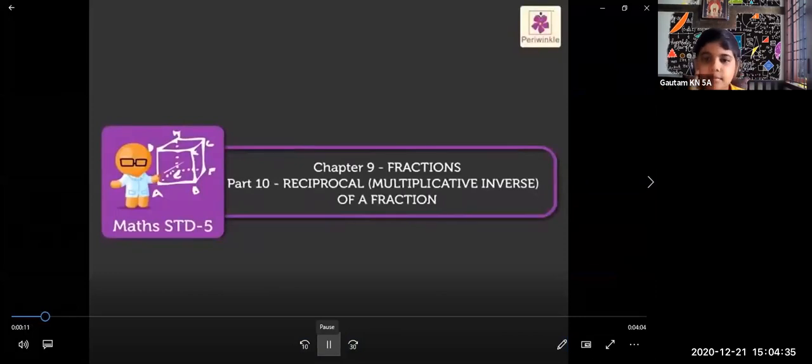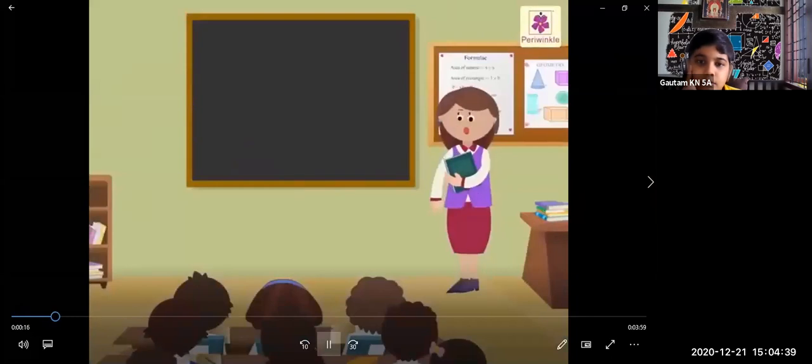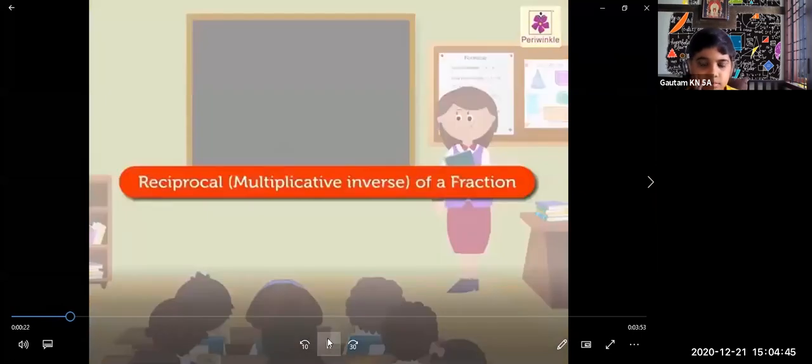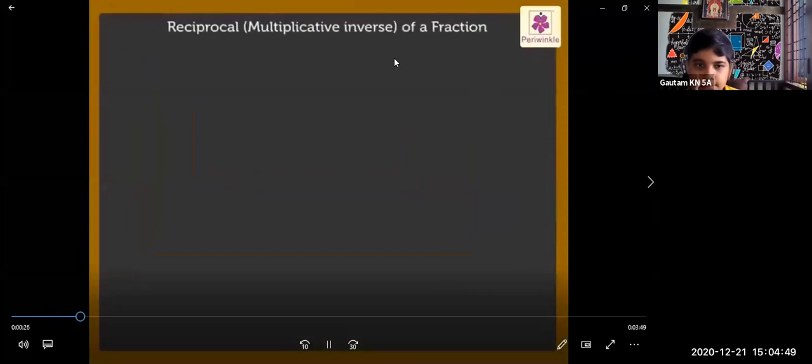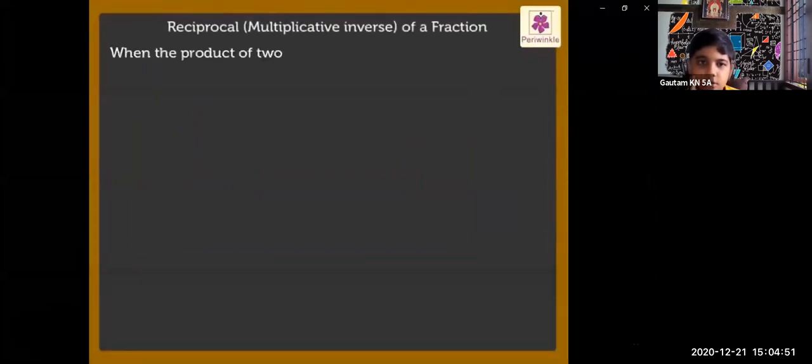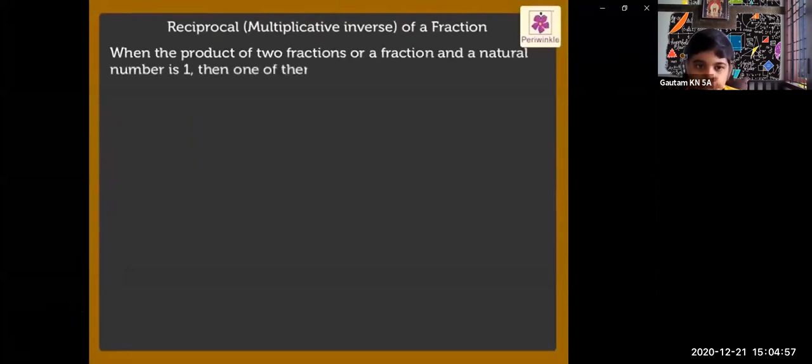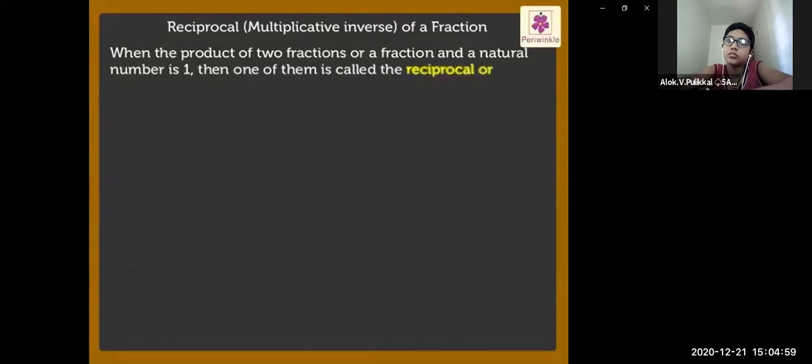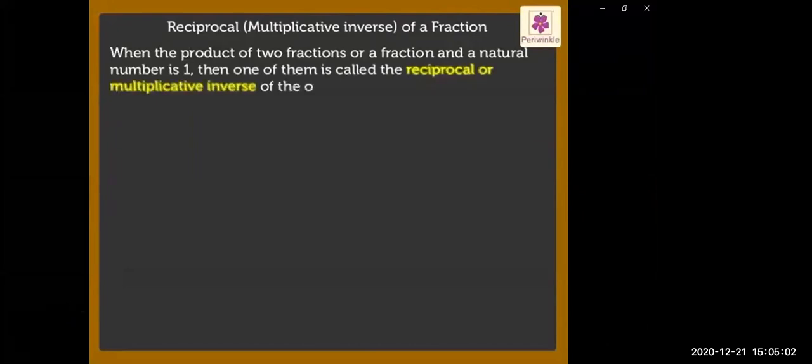Reciprocal, multiplicative inverse of a fraction. Hello, kids. Today, let us learn a new concept called reciprocal or multiplicative inverse of a fraction. When the product of two fractions or a fraction and a natural number is 1, then one of them is called the reciprocal or multiplicative inverse of the other.